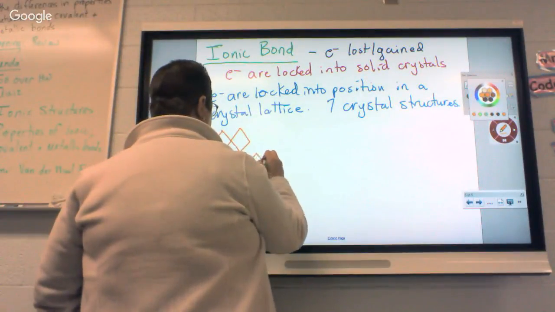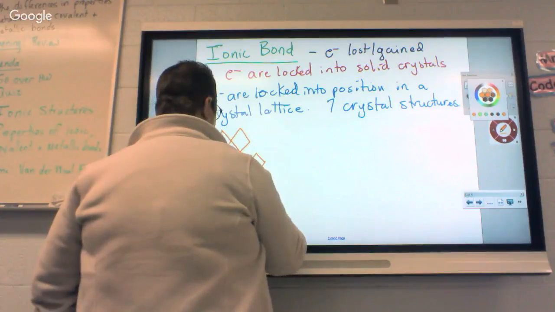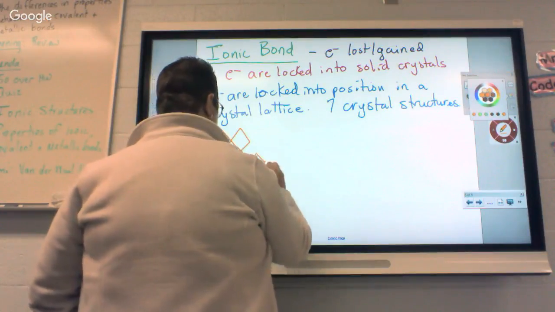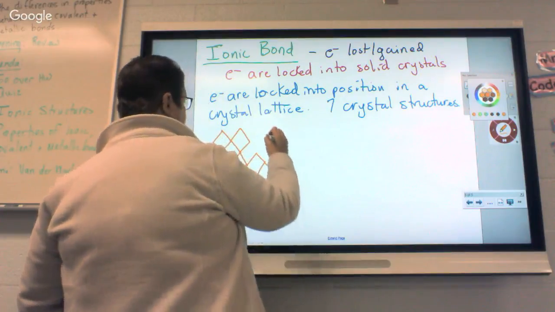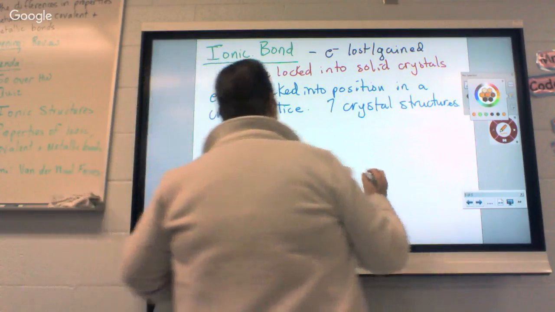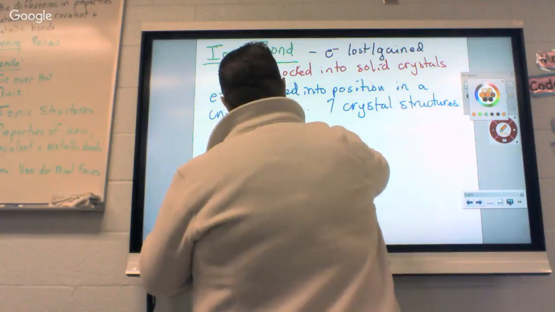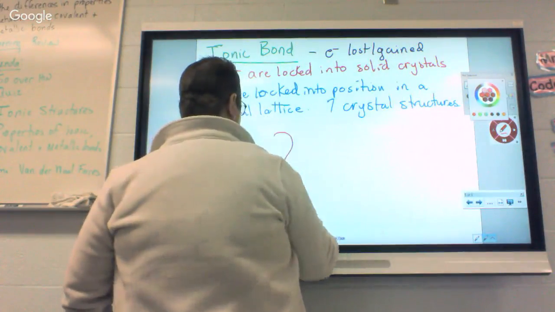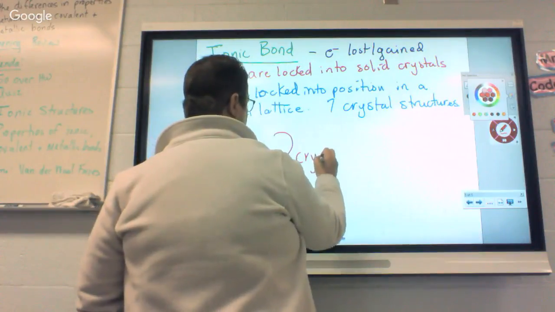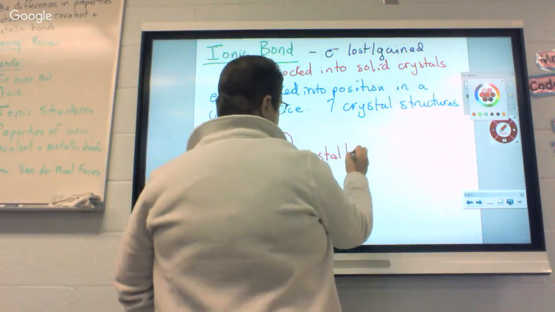So my diamond shape looks terrible, so I don't want to do that. But, you know, I'm no art teacher. I can't draw. Okay. This would be my crystal lattice.